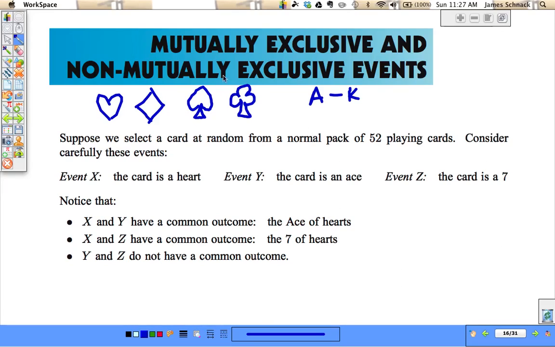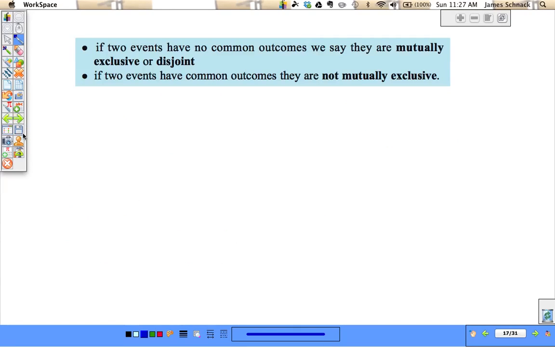So when we talk about mutually exclusive events and non-mutually exclusive events, we'll get to the definitions in a minute, but we're talking about looking at one event and deciding if this one event can be more than one thing at a time. If two events have no common outcomes, they are mutually exclusive, or you'll hear them called disjoint events also.